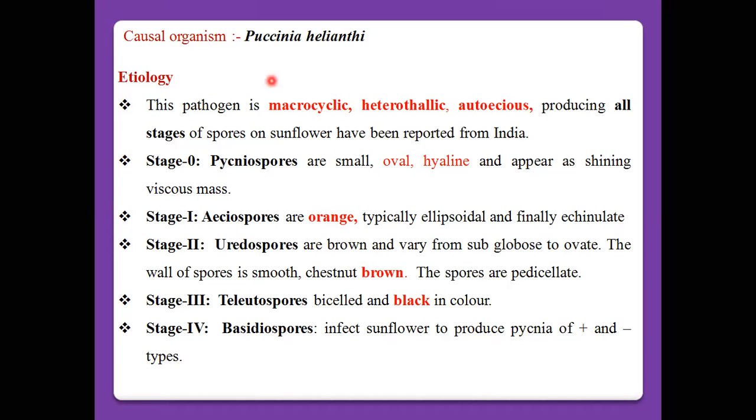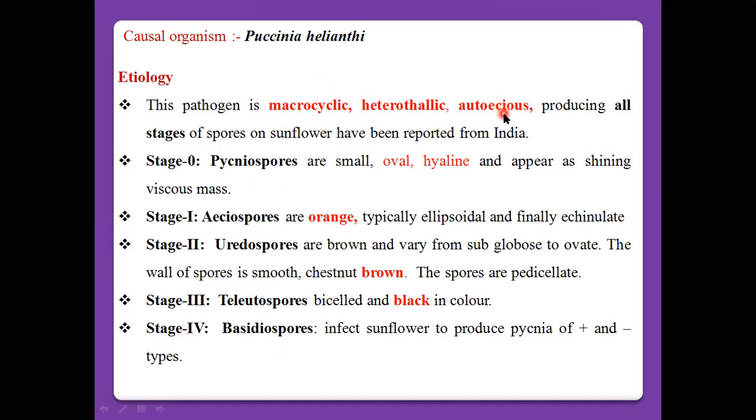But in this case, this Puccinia helianthi produces the five types of spores on the same sunflower crop. It does not require an alternate host. But in regard to wheat rust, it requires the alternate host. Otherwise, it cannot complete the life cycle.